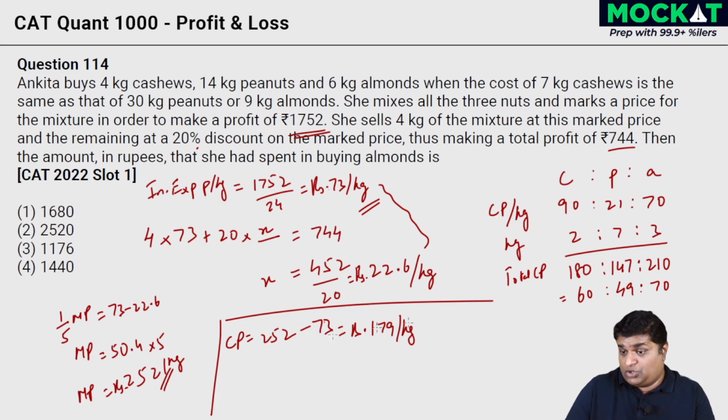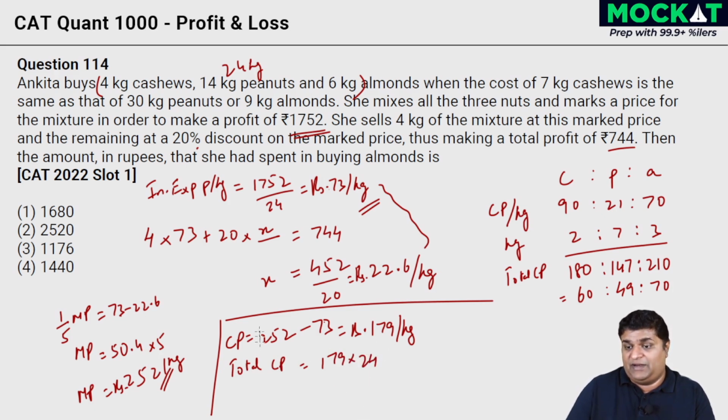Now, what is the total CP? 179 per kg it was, but the total quantity purchased over here is 4 plus 6, 10 plus 14, 24 kg, right? Total CP equals 179 into 24.